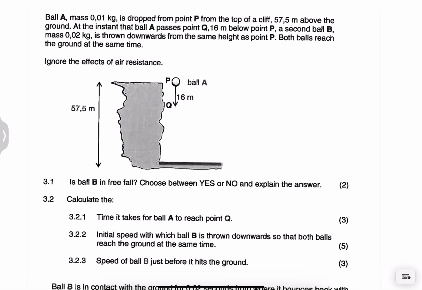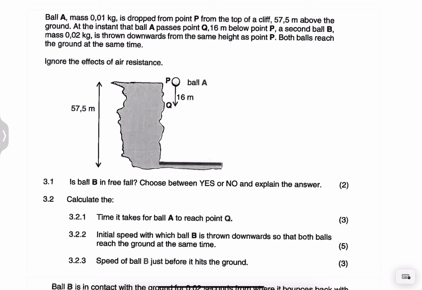All right, now without any further ado, let's just get right into the question. So this is based on vertical projectile motion. They say ball A, which has a mass of 0.01 kilograms, is dropped from point P, right from the top of a hill, which is 57.5 meters above the ground.